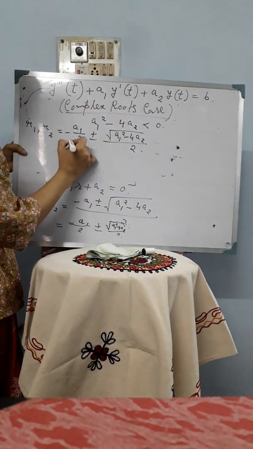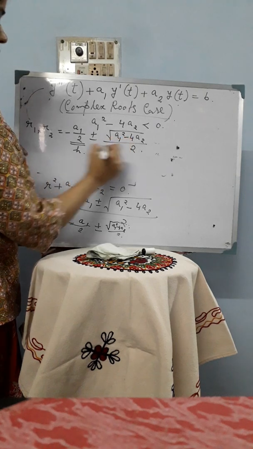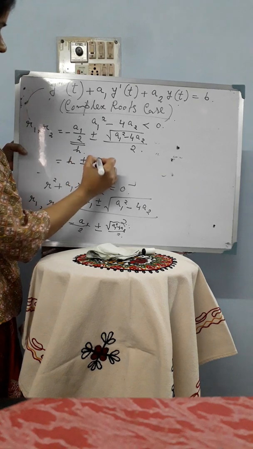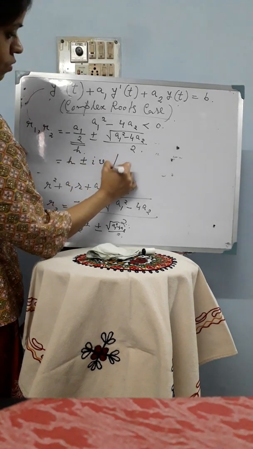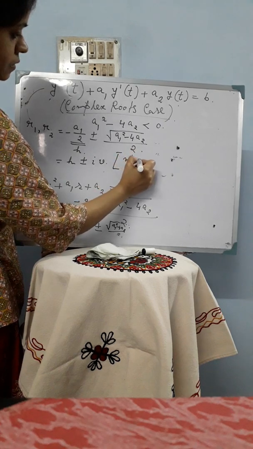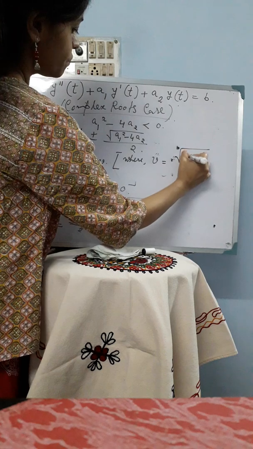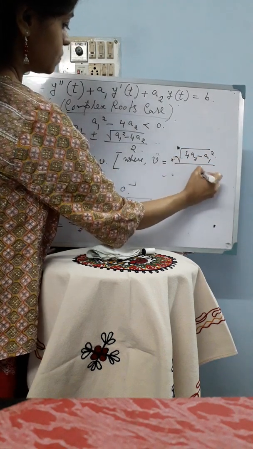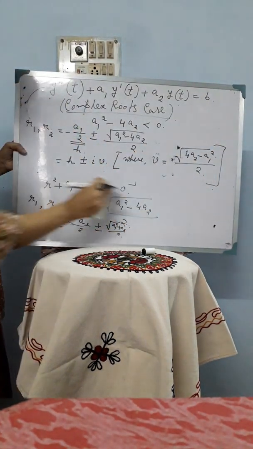Now suppose the real part is h, so we have h ± iv, where v = √(4a2 - a1²)/2. So we can write this.